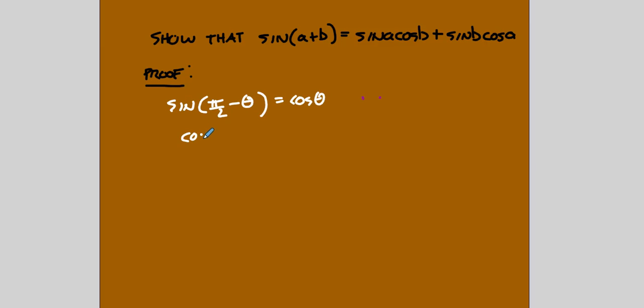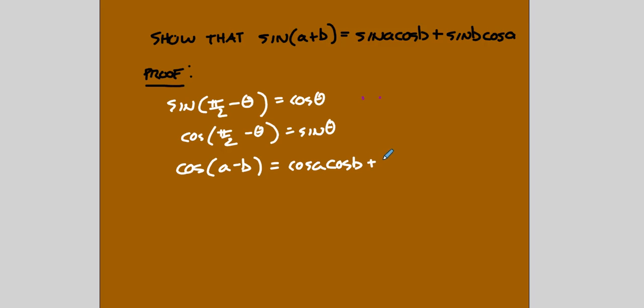We have the cosine of pi over 2 minus theta equals sine theta. Then we have the cosine of a minus b is equal to cosine a cosine b plus sine a sine b.